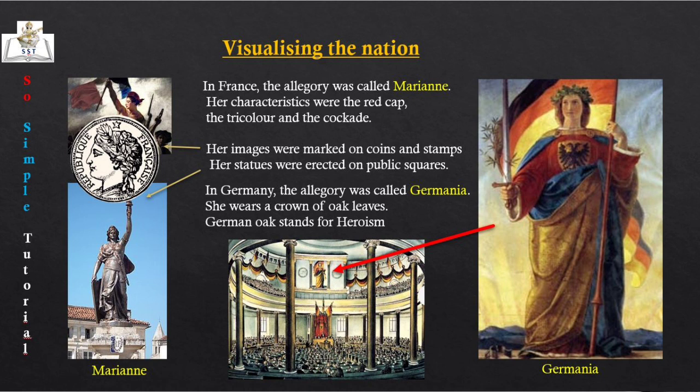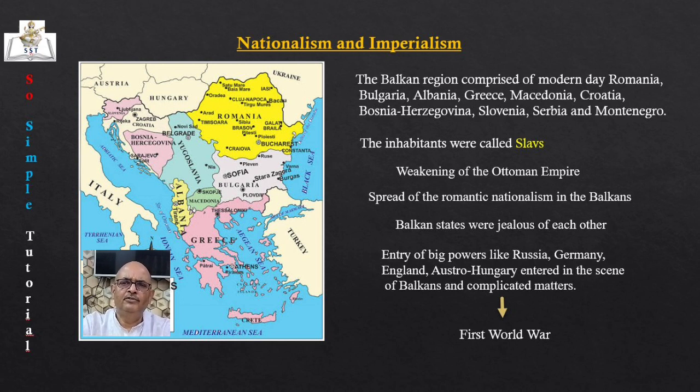Let us now revise the last topic, nationalism and imperialism. Here we will discuss the conflict that took place in the region called Balkans. The Balkan is a region in the southeastern Europe between the Mediterranean Sea and the Black Sea. It comprised of the modern-day Romania, Bulgaria, Albania, Greece, Macedonia, Croatia, Bosnia-Herzegovina, Slovenia, Serbia and Montenegro.